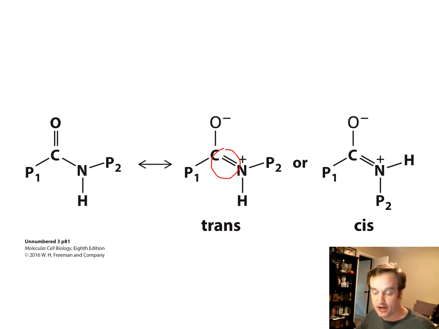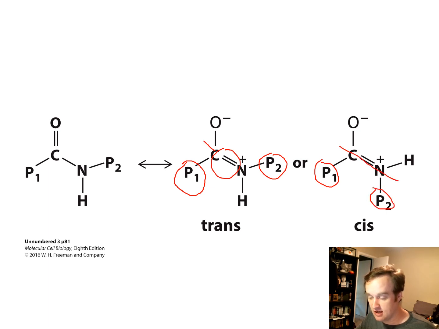We have a trans peptide bond, where we have the first amino acid group, or the first peptide bond, on one side, and the second peptide bond on the opposite side, or we have a cis conformation where both peptide bonds are on the same side of this plane.